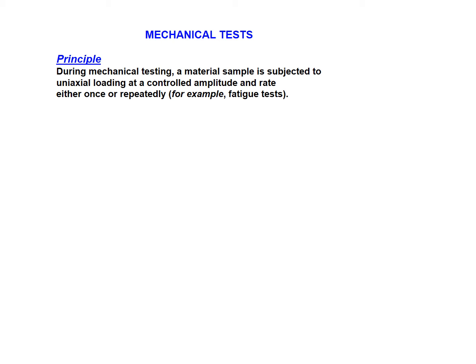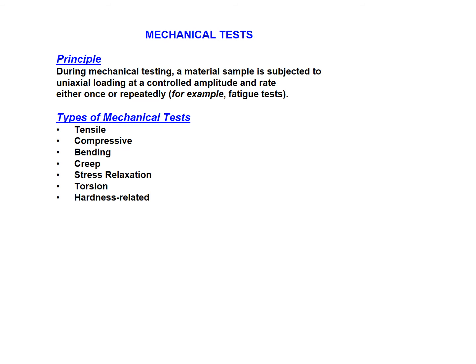Of course, in the case of repeated testing, the appropriate tests are the ones related to determining the fatigue results. The types of mechanical tests used are tensile, compressive, bending tests, creep tests, stress relaxation, torsion, and hardness related tests.